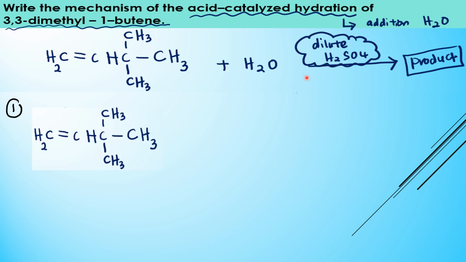So, in the first step, we redraw our alkene and react it with the H2O and catalyst. We have already said that H2O with the catalyst, if it undergoes dissociation based on the Bronsted-Lowry definition, will produce H3O+.